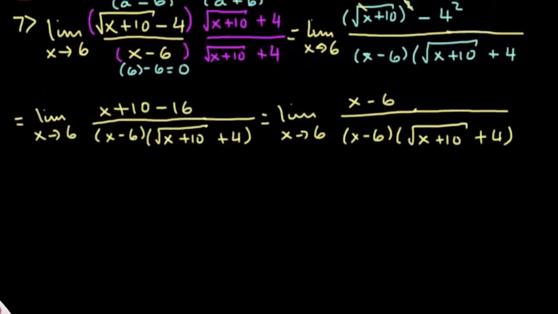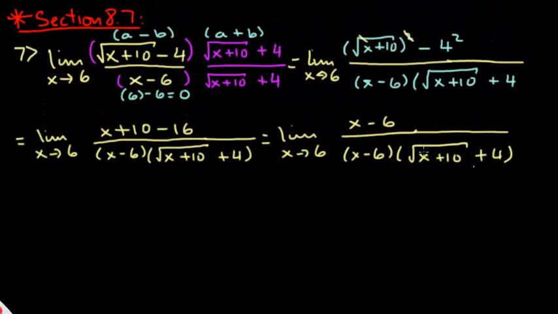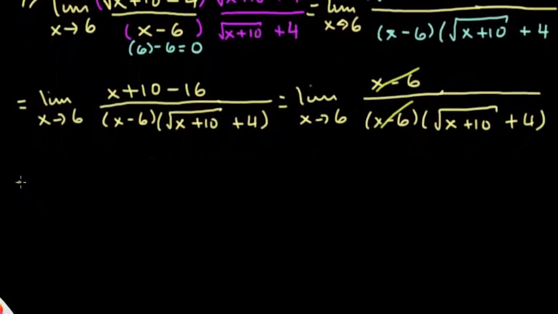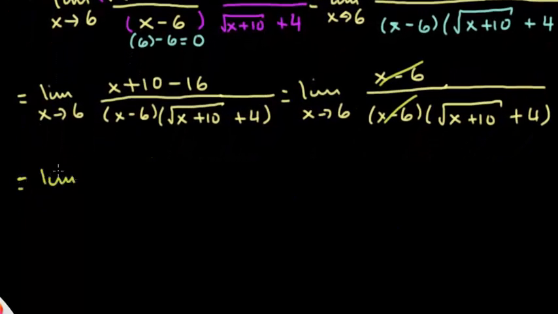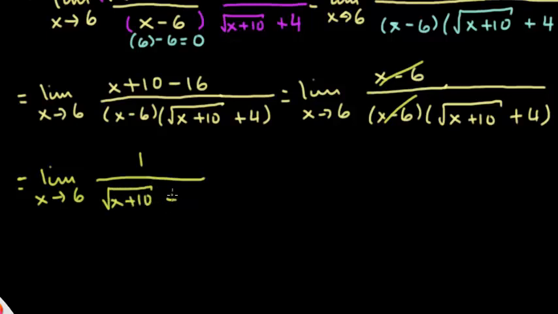As we see, x minus 6 are like terms, so we cross them out. That gives the limit as x approaches 6 of 1 over the square root of x plus 10 plus 4.